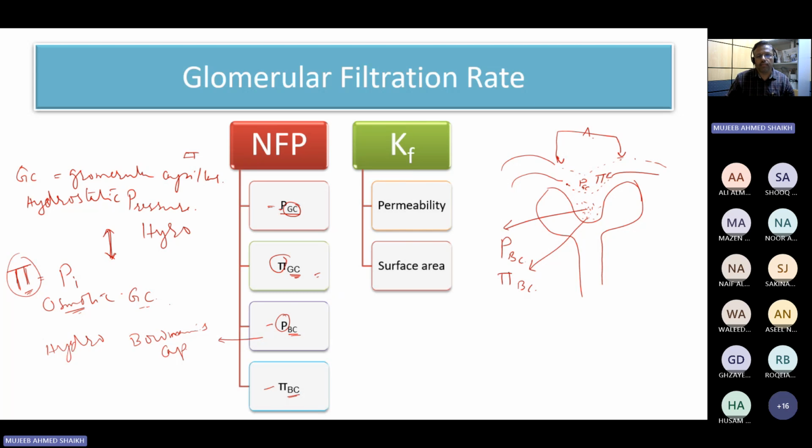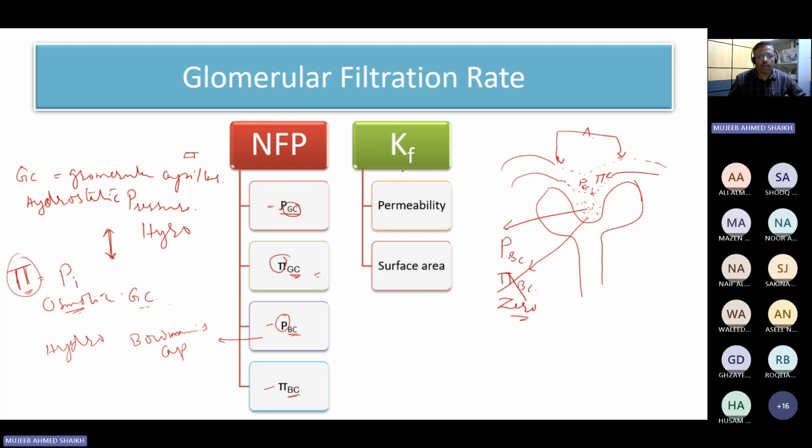In the first few slides, I told you that filtration will have everything except what? Protein and RBC. So protein will not be here because it is not filtered and not coming into the Bowman's capsule. So pi BC will be 0.